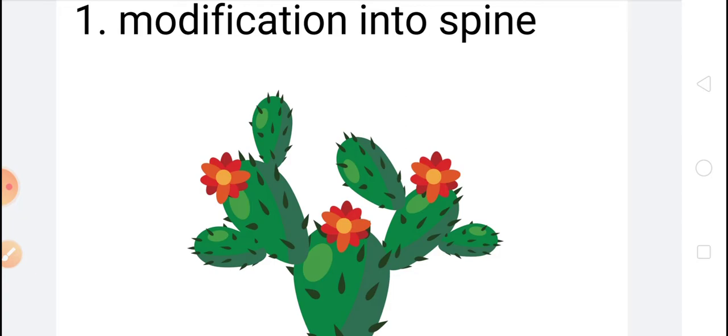When the leaves of plants are changed into spine-like or needle-like structures, such a shape ensures the plant has minimum loss of water. Spines also protect the plant from being eaten by grazing animals. Spines are small needle-like structures.